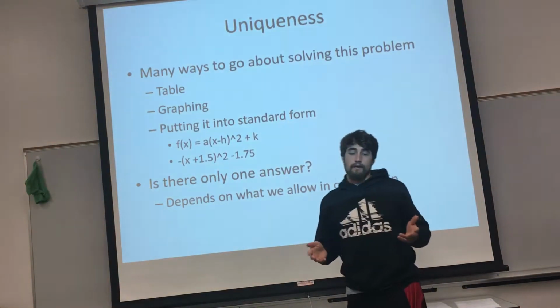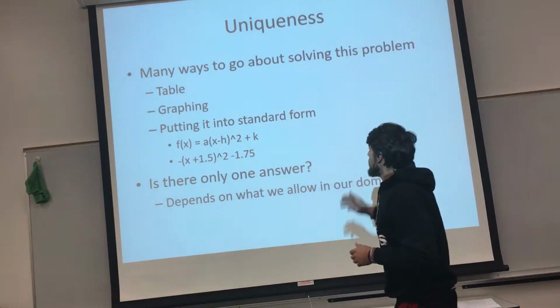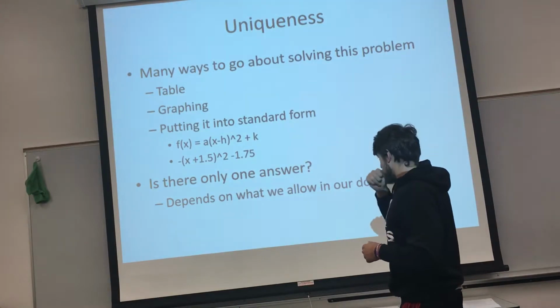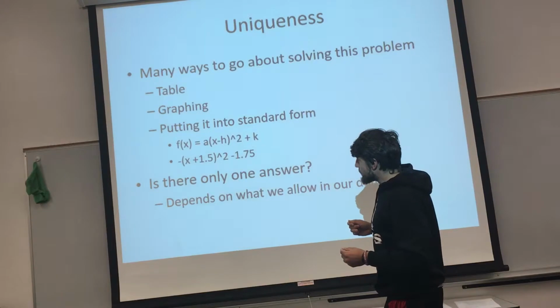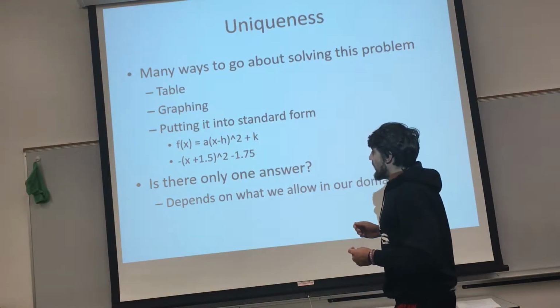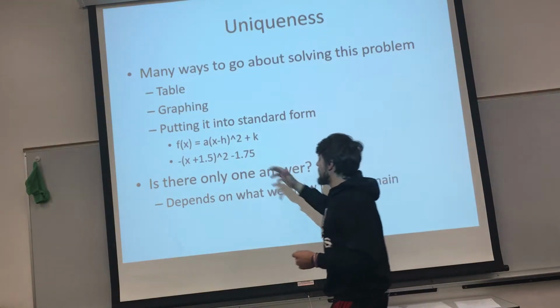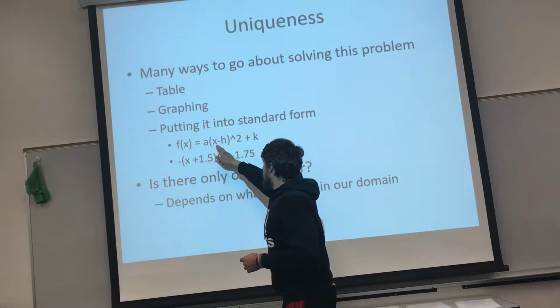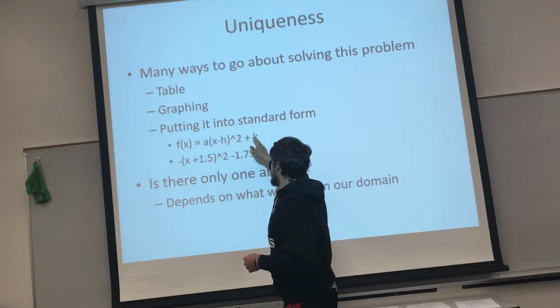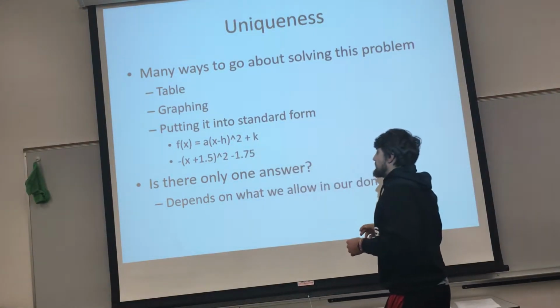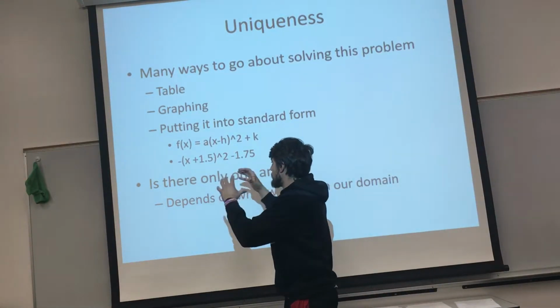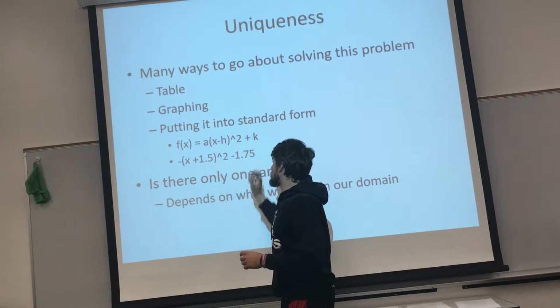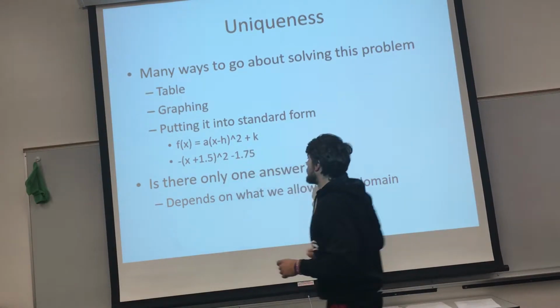Another way of doing it, and honestly another really quick way, is putting it in standard form. So if we put this equation in standard form, we get our a value and then x minus h squared plus k. So we have to know where the max height is, but if we put it in the standard form, we get negative, and then in parentheses x plus 1.5 raised to the second power minus 1.75.